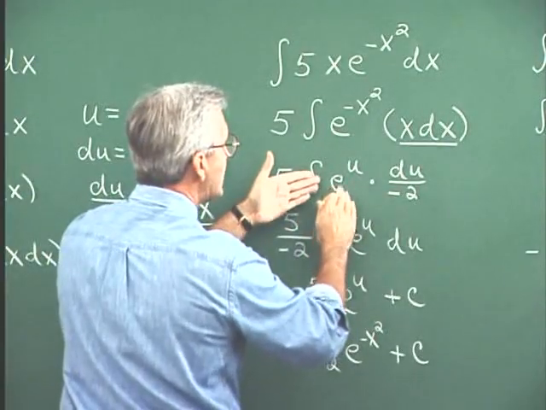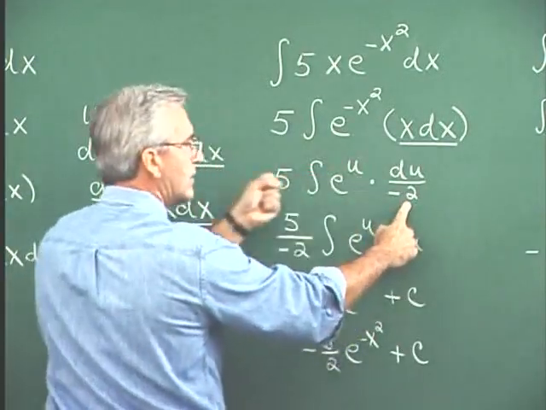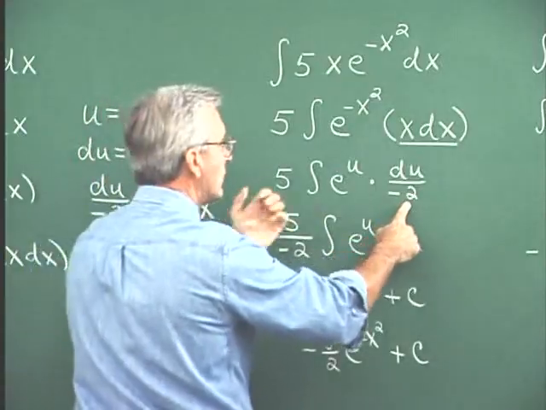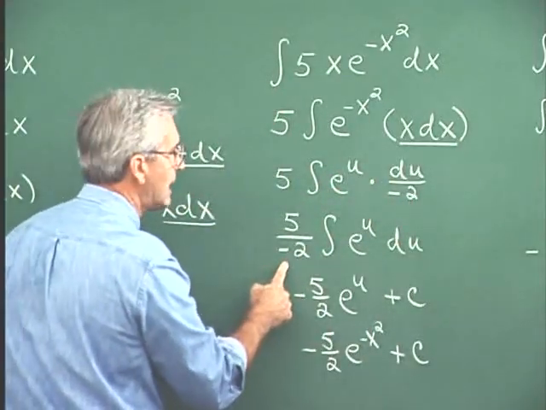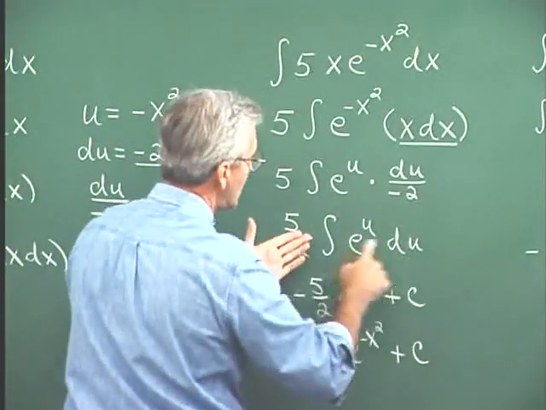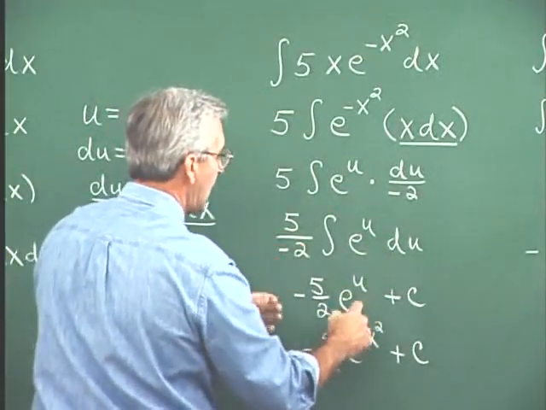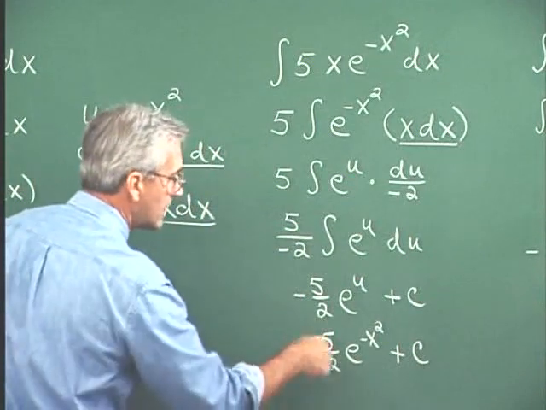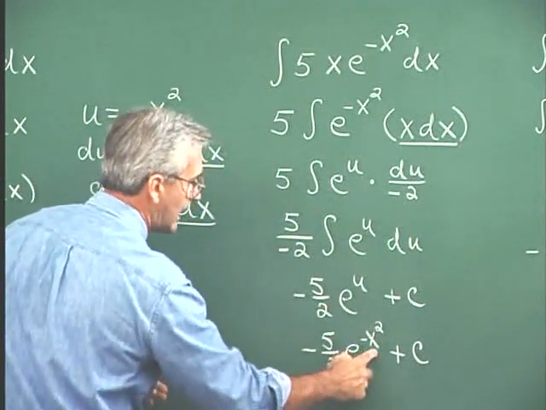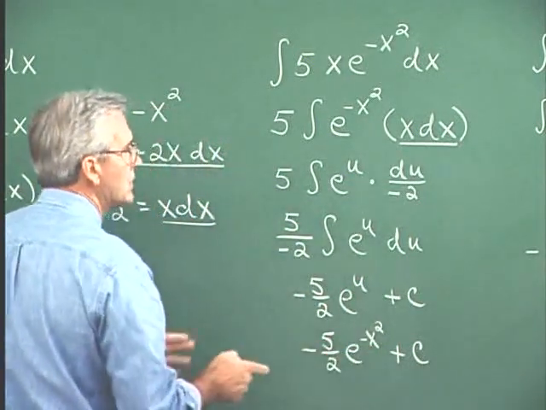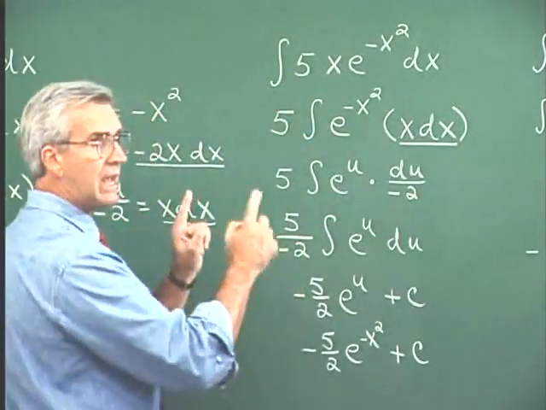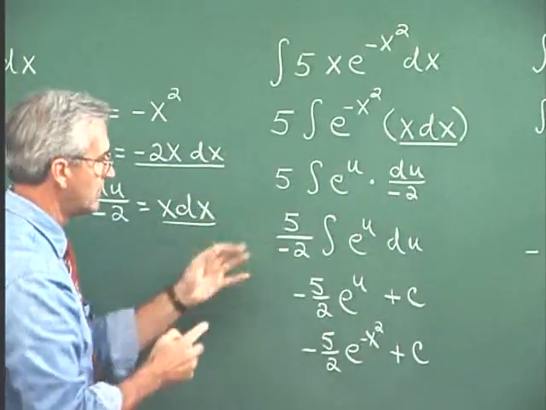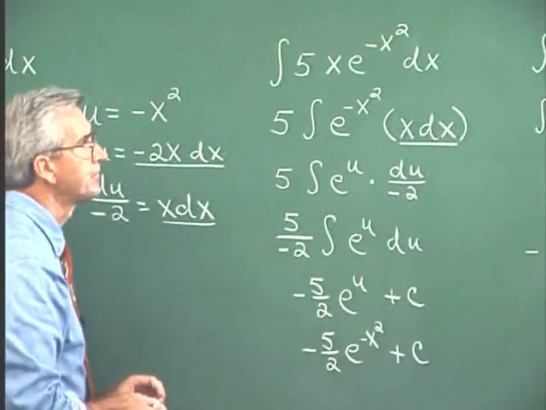So we need to snag out the negative 2. Since it's in a denominator, it manifests itself as 5 over negative 2 outside. Now we have e to the u du, so the integral is e to the u. Then we tack on the constant c. Then we back substitute. The u is negative x squared. Some people feel like this is a little bit cleaner, a little bit easier to see through if we make these active substitutions, but sometimes it adds a step or so to the problem.